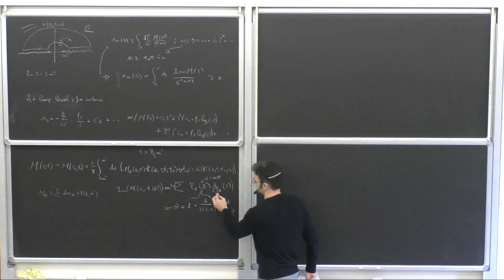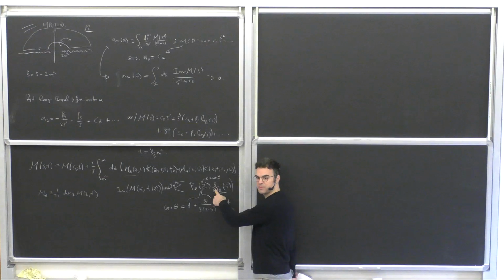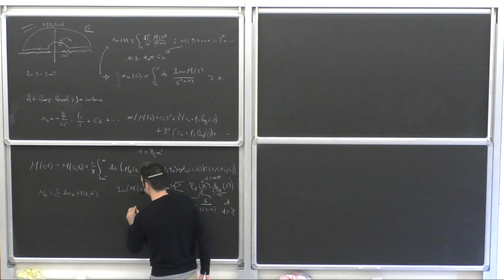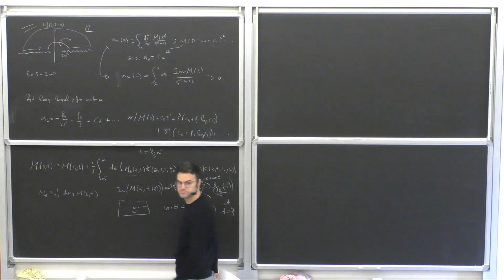Now, the discontinuity of the partial wave is positive by unitarity. Remember, I showed you, we were seeing that the partial waves obey a unitarity equation with a cut that starts at 4m squared, okay?